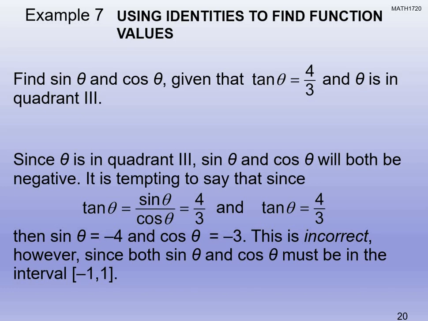Well, remember, tangent of theta is sine of theta over cosine of theta. So we know that sine of theta has to equal 4, and cosine of theta has to equal 3. But once again, we're in the third quadrant. Cosine and sine are both negative in the third quadrant. So we have to know that sine of theta is negative 4 and cosine of theta is negative 3.